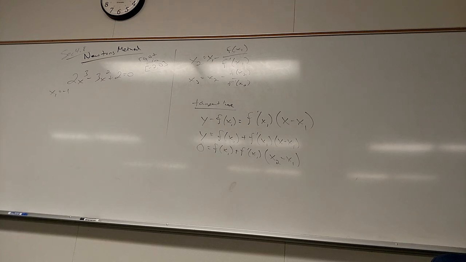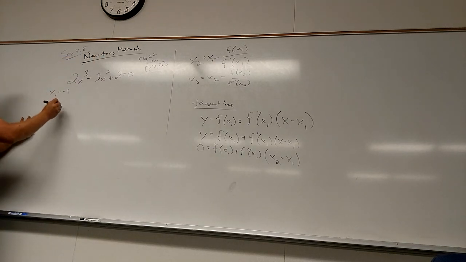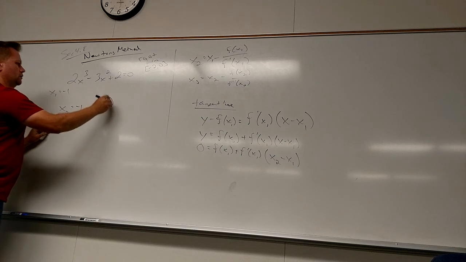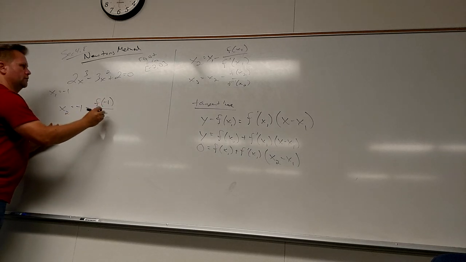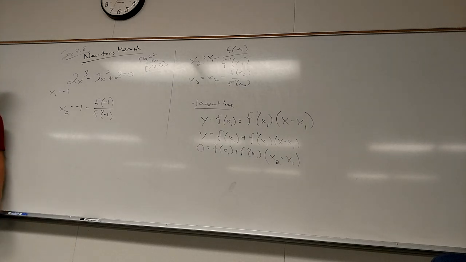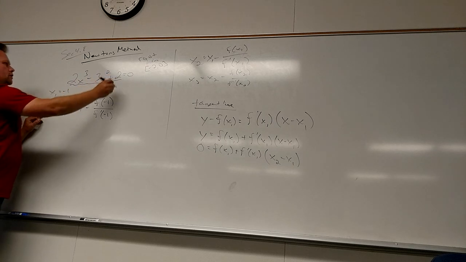For this first one, we're not going to do any shortcuts. So to use this, how do I get x2? I take x1 minus f of x1 divided by f prime at x1. And my f function is this guy here.